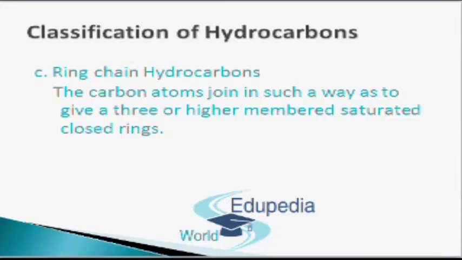The third one is ring chain hydrocarbons. In these hydrocarbons, the carbon atoms join in such a way as to give a 3 or higher membered saturated closed ring. For example, cyclopentane.